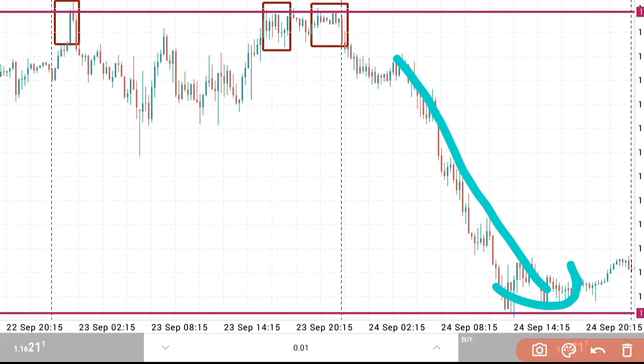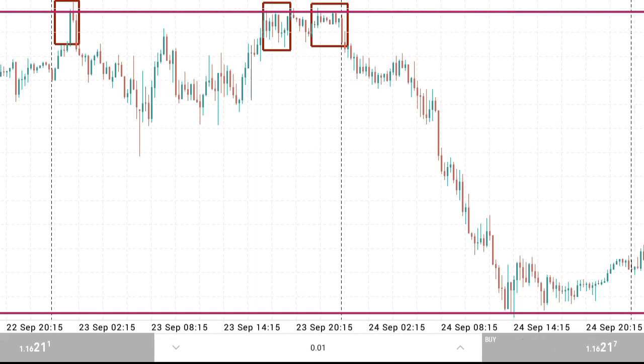Now, having understood this, let me show us clearly what demand and supply is. Demand and supply, strictly, is the candlestick that introduces volume in the market. This volume can be volume for demand, which is for buying, or volume for supply, which is for selling.